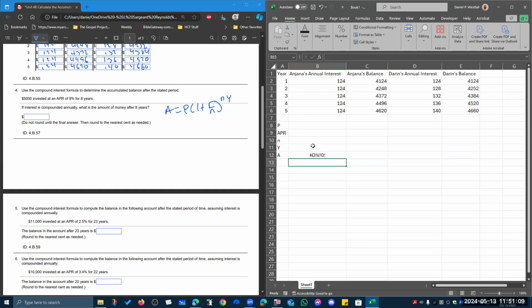And I've built a formula like that, and it doesn't know what's going on yet.